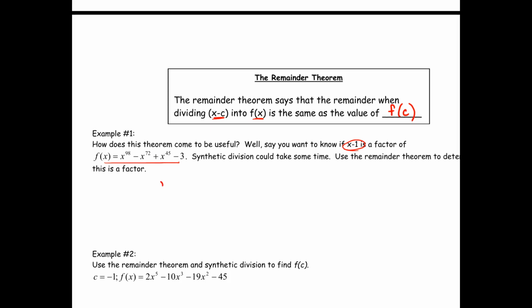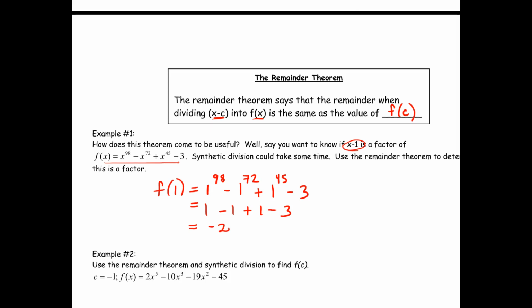So if I determine what is f at 1, 1 to the 98th is pretty easy to determine. Minus 1 to the 72 power is pretty easy to determine. Plus 1 to the 45th power minus 3. What's 1 to the 98th? 1 minus, what's 1 to the 72 power? 1 plus 1 minus 3 would give me negative 2.